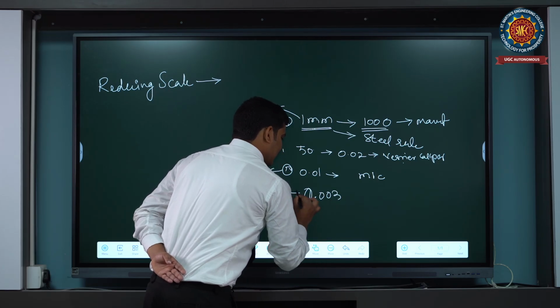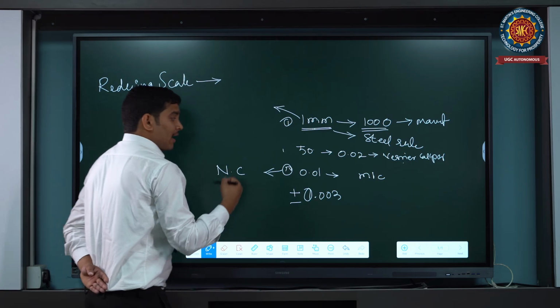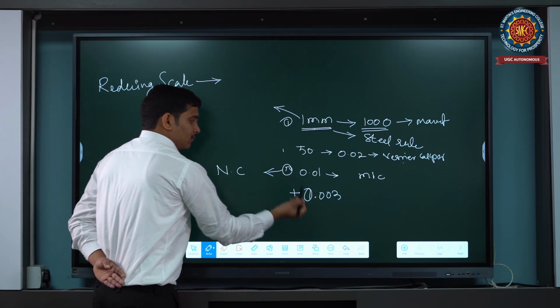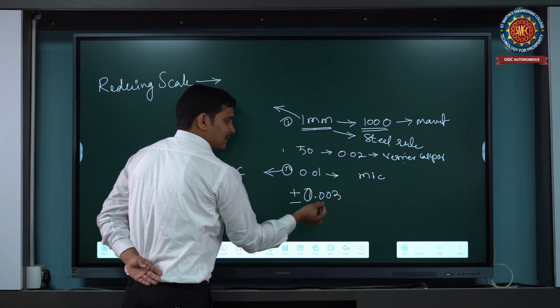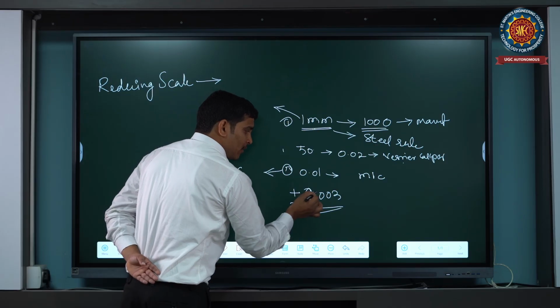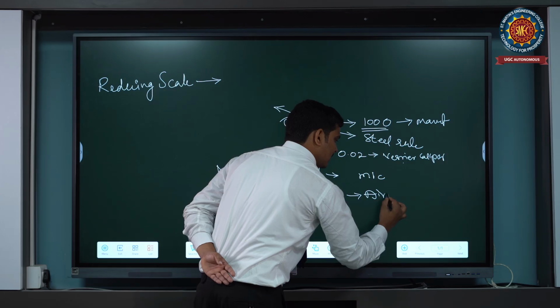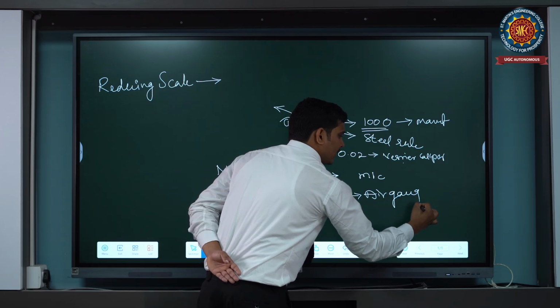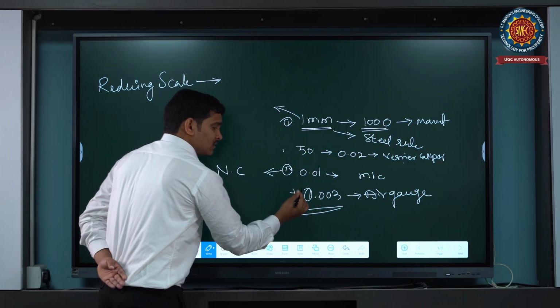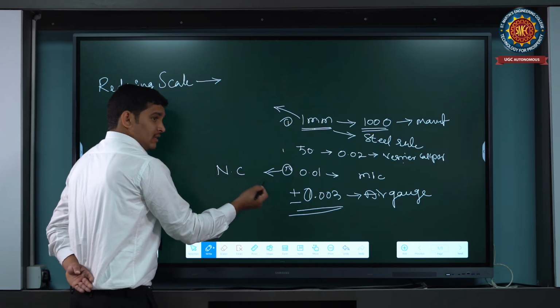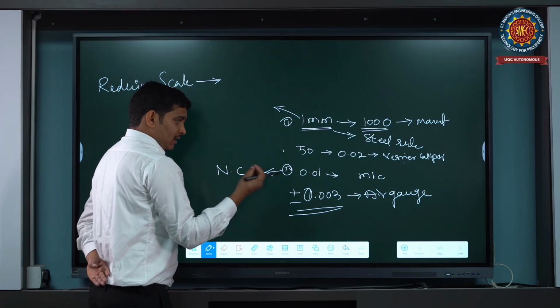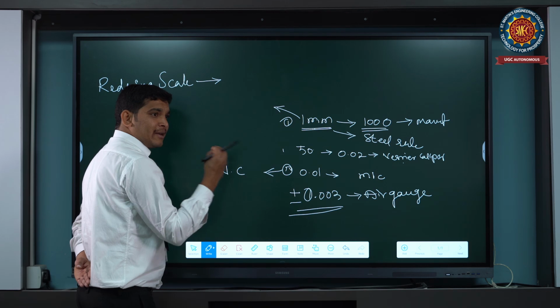0.003 is plus or minus. Majorly, the companies accept an error of 0.003 by using air gauges. The air gauge is used to measure dimensions. For example, the railway is entirely controlled by the air braking system.